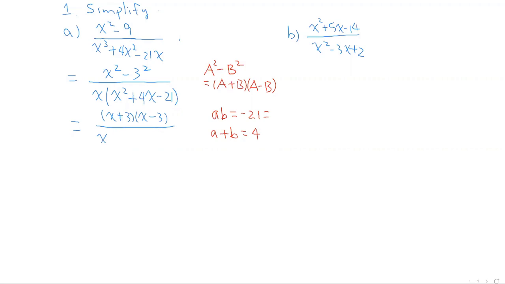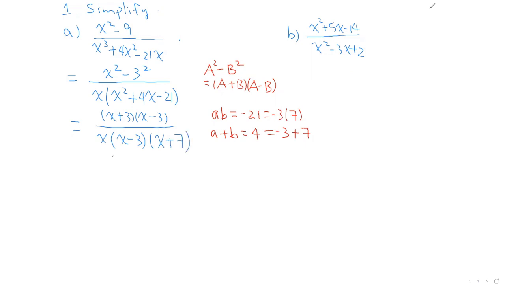And then negative 3 times positive 7 equals negative 21, and the sum of them is 4. So this is the right factorization. So you have x minus 3 times x plus 7.